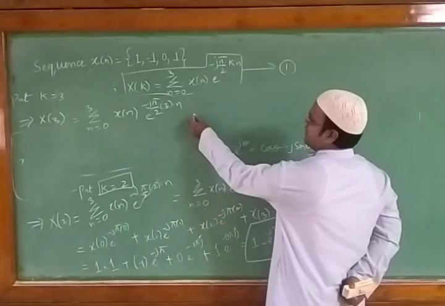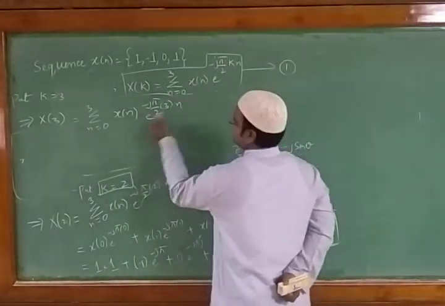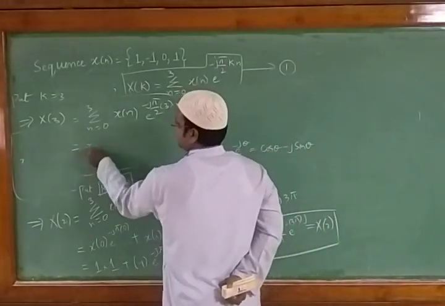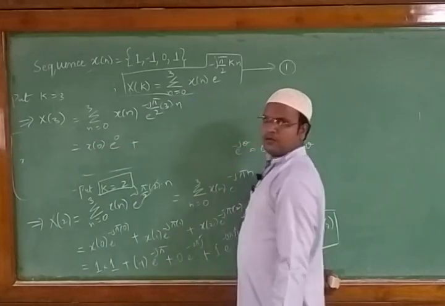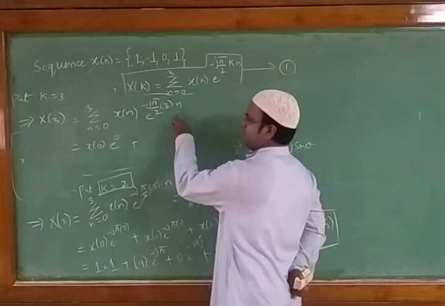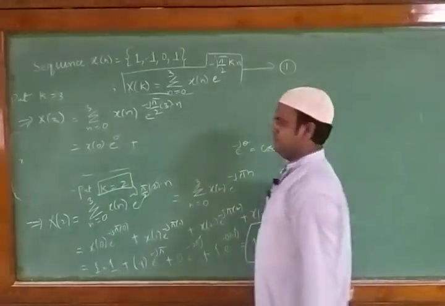Clear? So what I can write? Now I can put the values of n, all these things I can write over here. So put n equals to 0, x of 0 e power 3 into 0. It will be 0 because I am putting n, here is also n, here is also n. That is the first one.